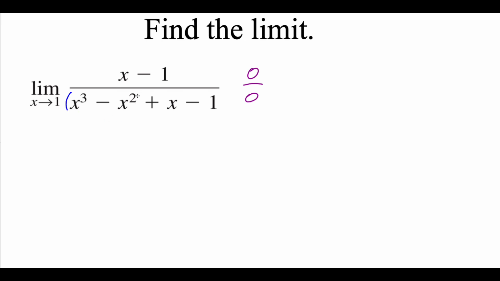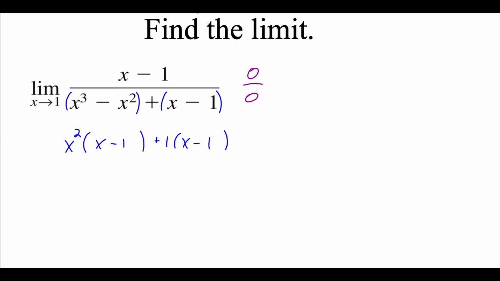So if I make a group out of the first two things, the GCF there is x squared. So if I factor that out, I'm going to be left with x minus 1. If I make a group out of the second two things, the only GCF that I can take out of there is 1, and taking a GCF of 1 out doesn't change what's on the inside, so that's still x minus 1.